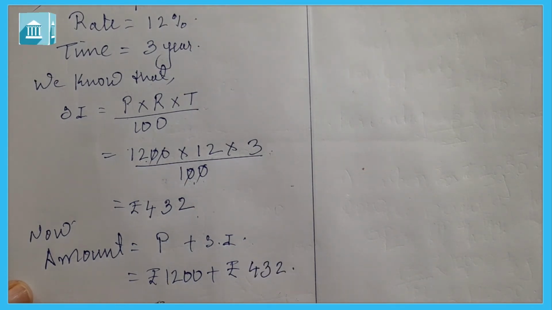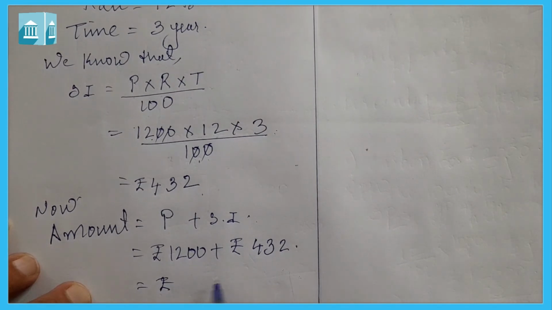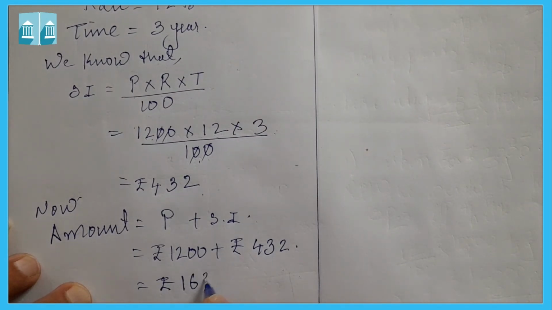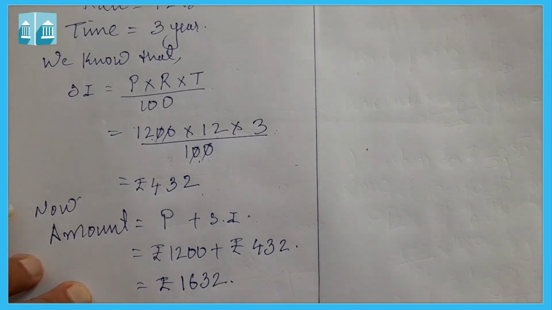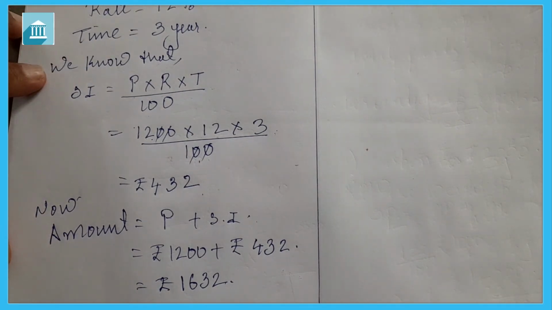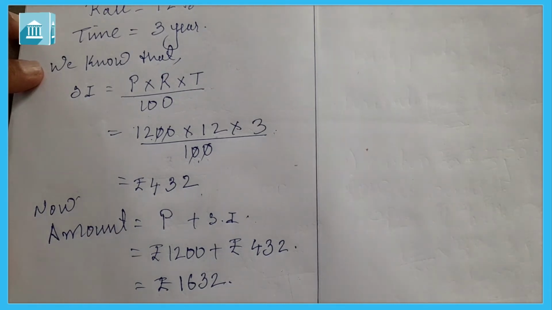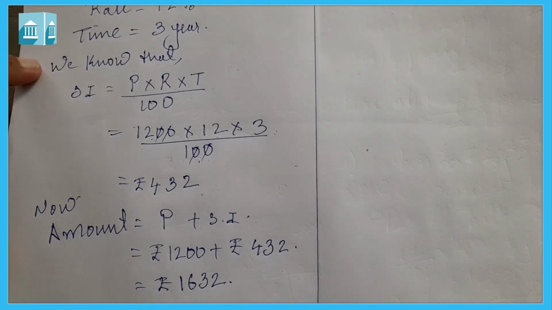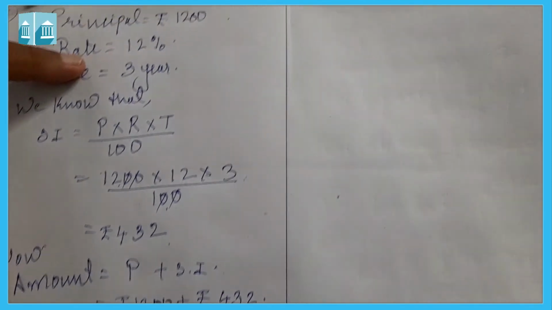So 1200 plus 432 is equal to rupees 1632. So the amount here is rupees 1632. So this is the answer for question number 9. Part B is your homework. Now let us see question number 10.